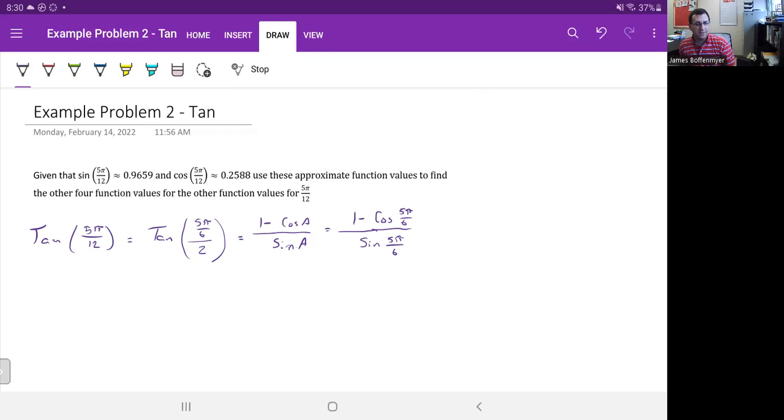Cosine of pi over 6, the exact value would be square root of 3 over 2. But since it's in the third quadrant, that means it would be a negative square root of 3 over 2. All right. Sine of 5 pi over 6, because 5 pi over 6 is in the third quadrant.